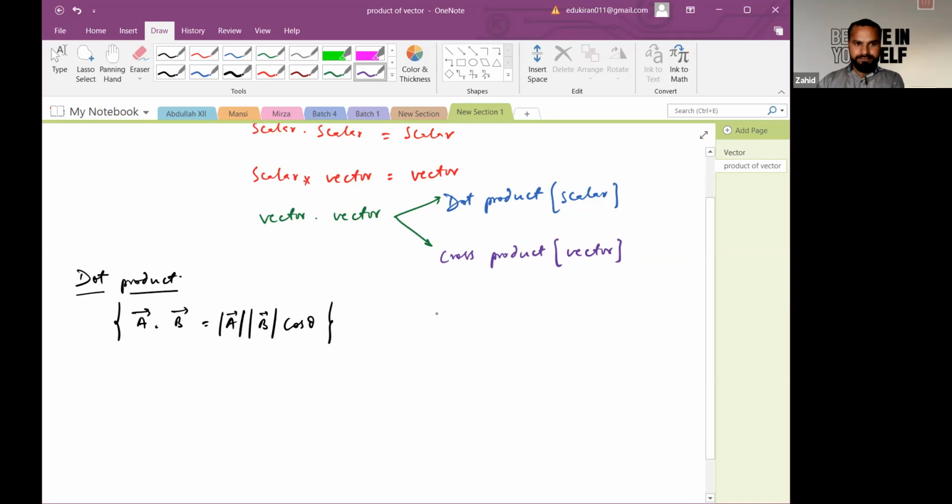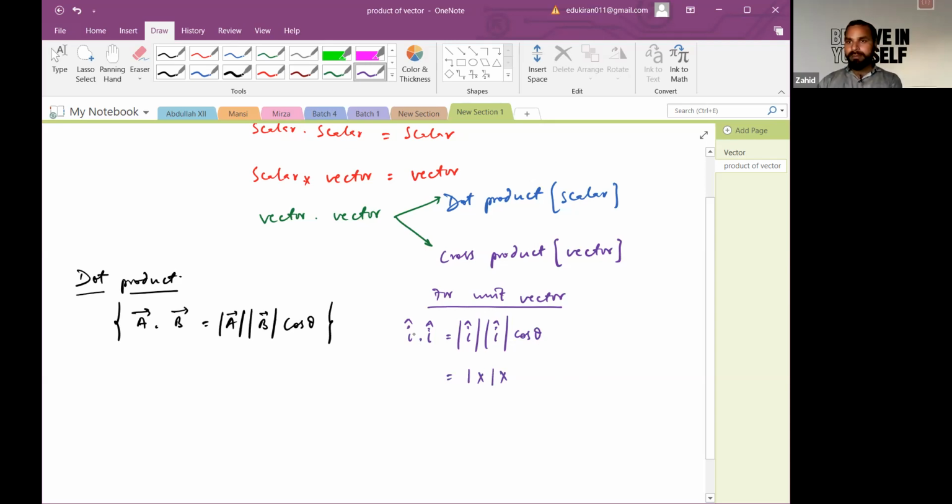Now, to define the dot product for unit vectors, let's say first I dot I. It will be mod of I times mod of I times cos theta. Magnitude of I is 1, as it is a unit vector. Similarly, the magnitude of the other I will be 1. Theta is the angle between these two vectors.